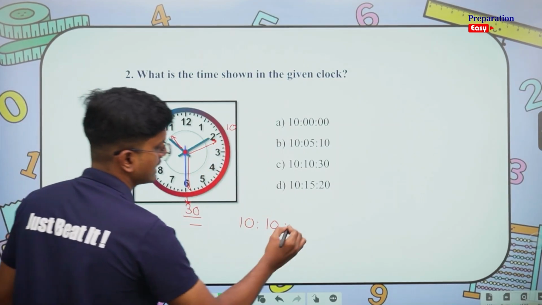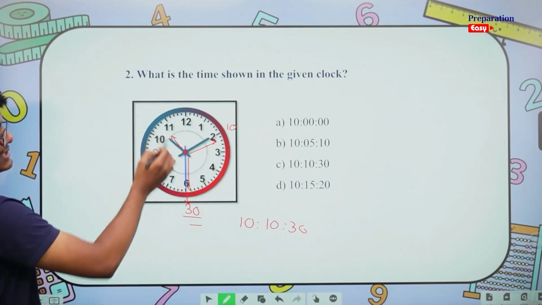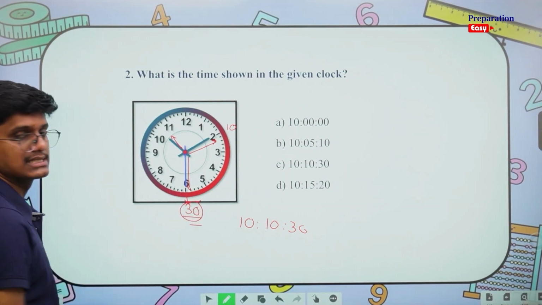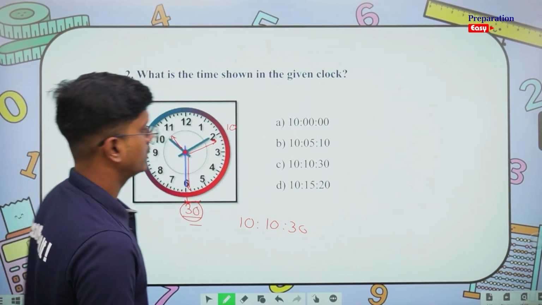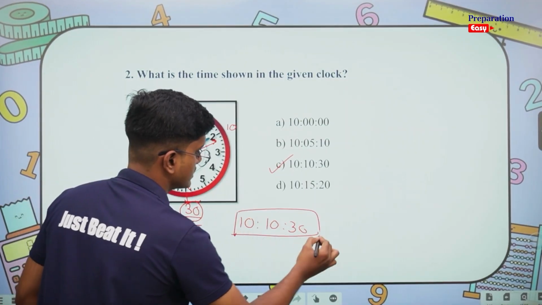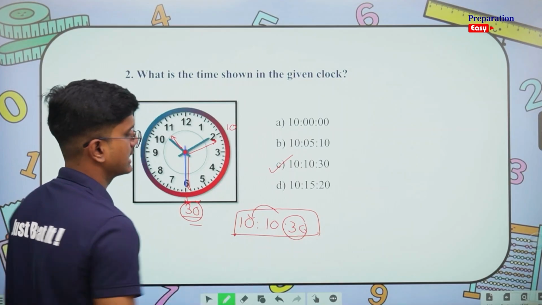We have 30 seconds, right? So it's basically 10 minutes past 10, and we have 30 seconds in that. So what option do we have? We have option C as the answer, which is 10 minutes past 10, and 30 seconds as well.